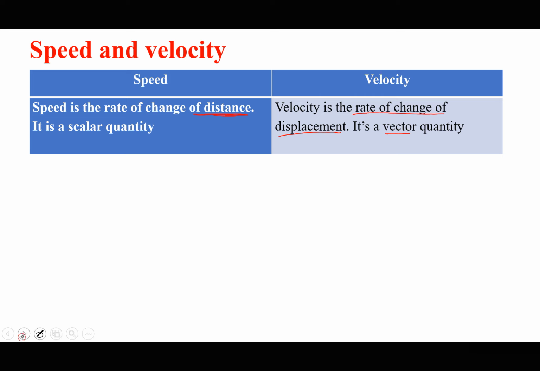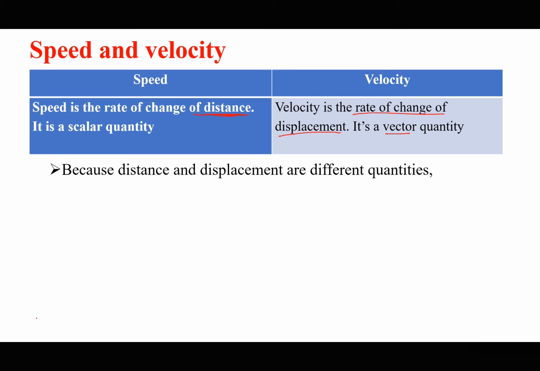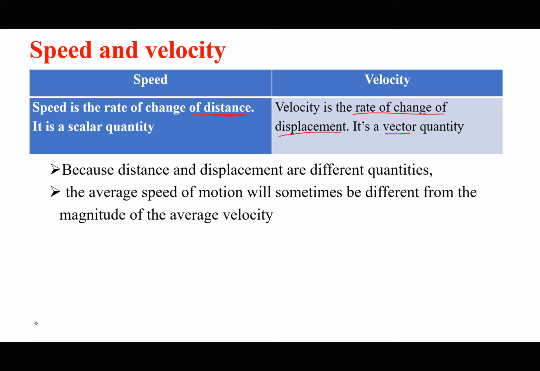Because distance and displacement are different quantities, the average speed of motion will sometimes be different from the magnitude of the average velocity, especially if there is a change in direction.